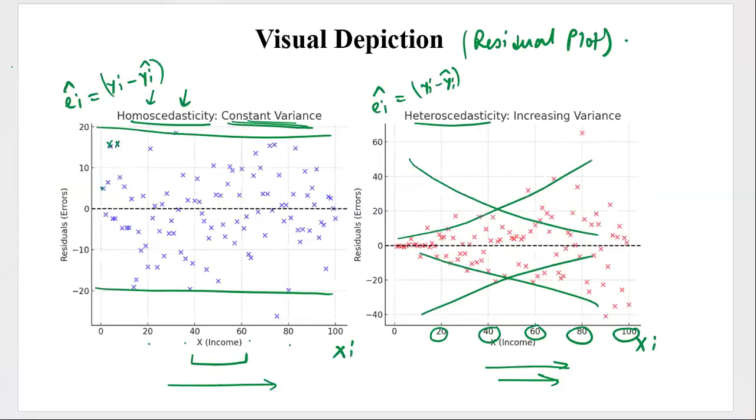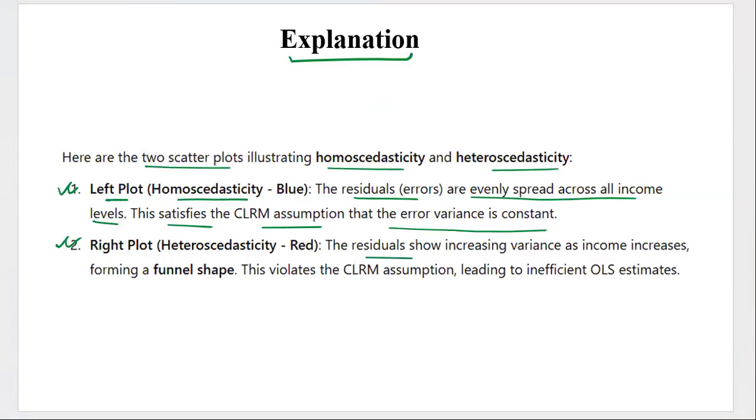Whereas in the right-hand plot, in red, the residual shows increasing variance as income increases, forming a funnel shape. So a funnel-shaped residual plot is an indication of heteroscedasticity, and this violates the CLRM assumption, leading to inefficient OLS estimates. So this is the concept of heteroscedasticity.